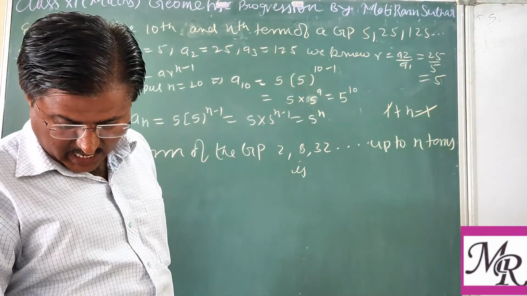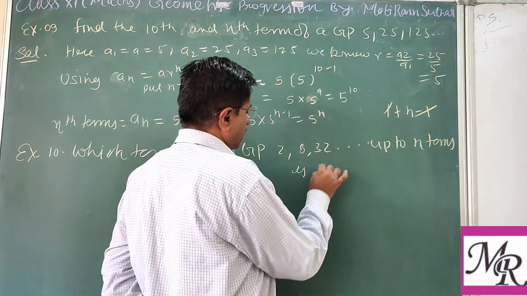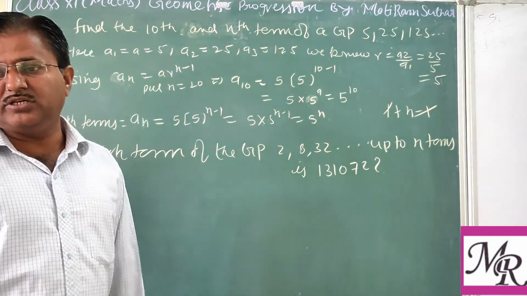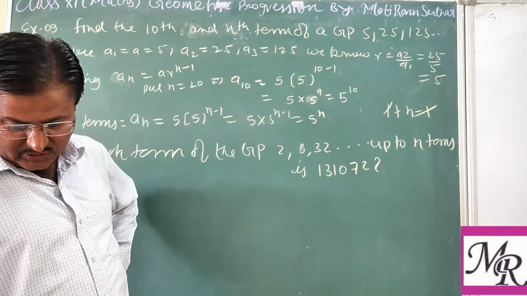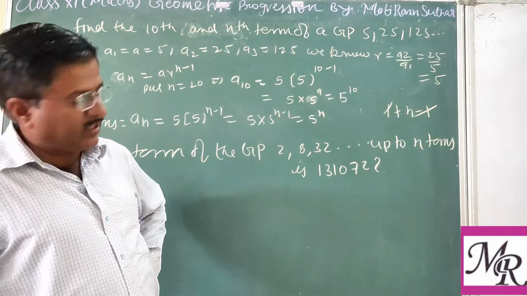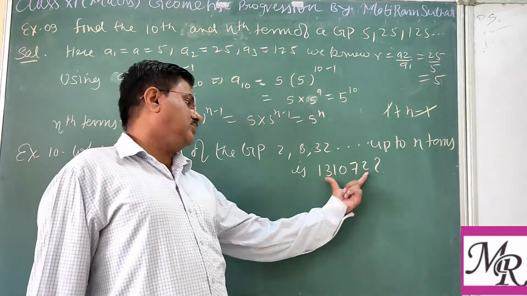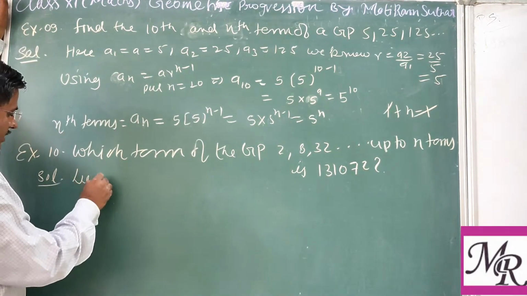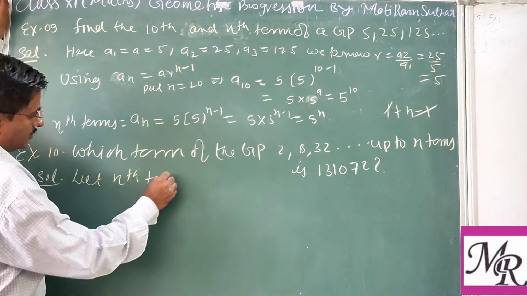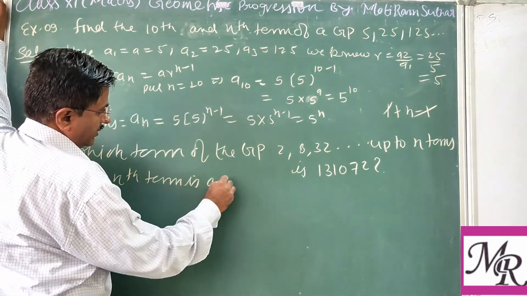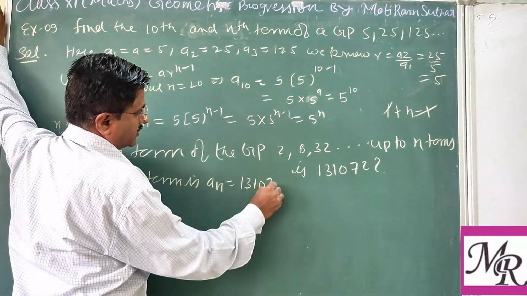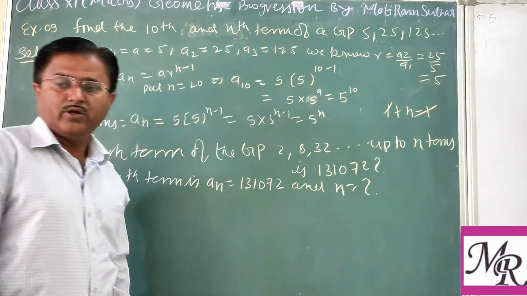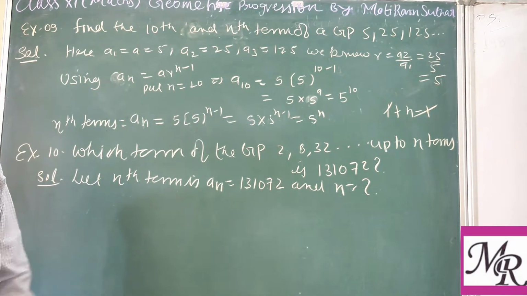So we are given the last term, 131072. Which term of the GP is 131072? We can consider the nth term to be this. In the solution you write: let the nth term be An equal to 131072, and we want to find what n is. Which term of this GP has this value?